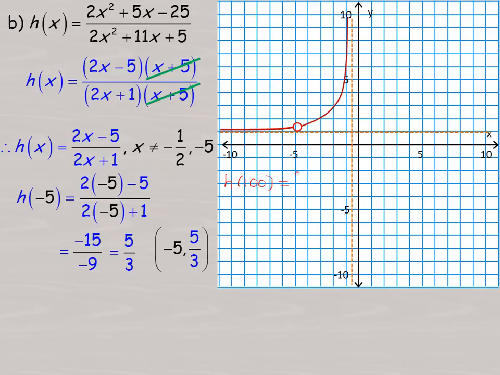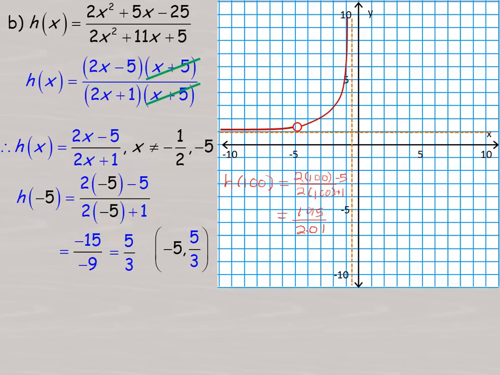So we would do 2 times 100 minus 5 over 2 times 100 plus 1. So in the numerator, 2 times 100 is 200, minus 5 would be 195, over 2 times 100 would be 200, plus 1 is 201.